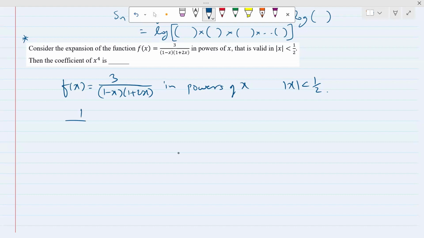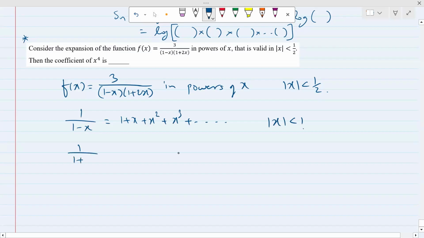Okay. Do we know the series expansion for 1 upon 1 minus x? Yes, sir, that's this, and this is valid for mod x less than 1. Do we know the series expansion for 1 upon 1 plus 2x?